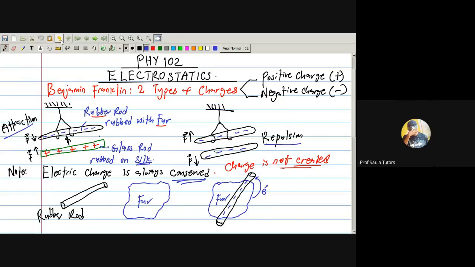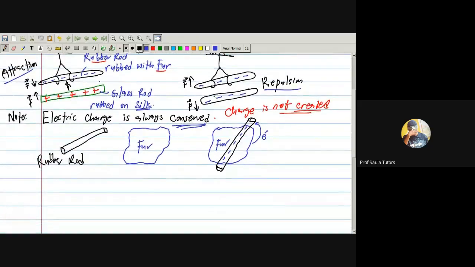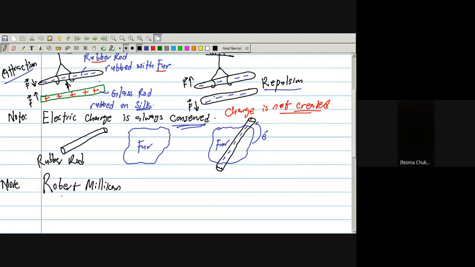Now, secondly, is about the discovery of Robert Millikan. You have heard of Robert Millikan before, the person that discovered the charge of an electron using the oil drop experiment.